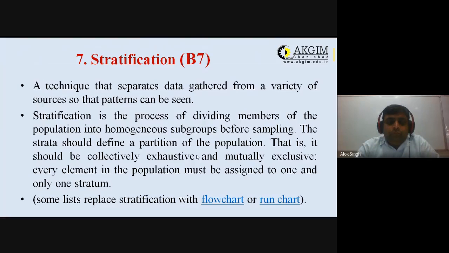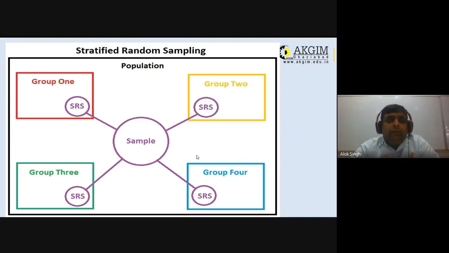So, stratified random sampling. See here, if you have red balls, that is group 1, yellow is group 2, green is group 3, blue is group 4.